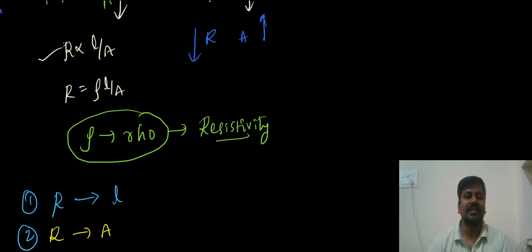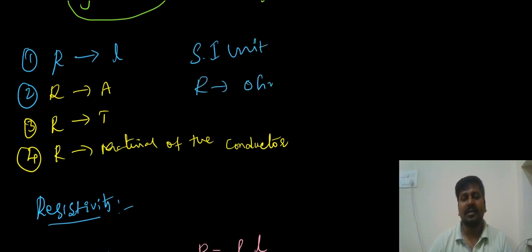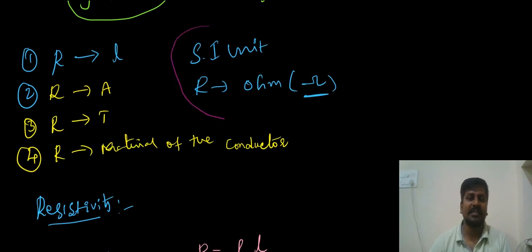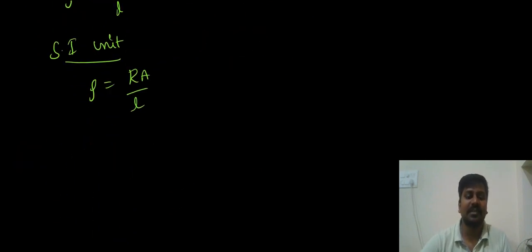We didn't discuss that. The SI unit of resistance is ohm, and the symbol is like that, the omega symbol.